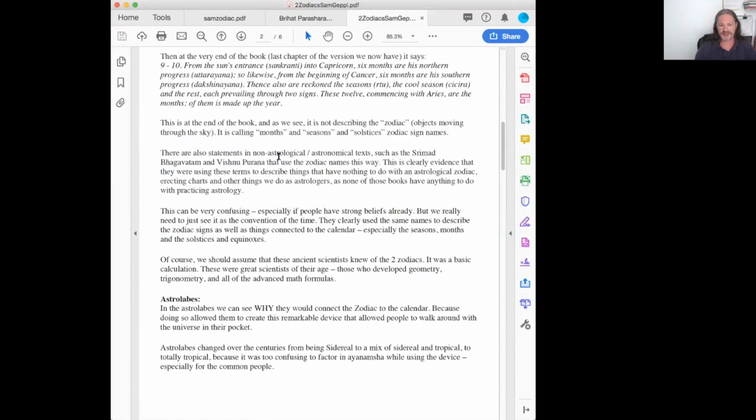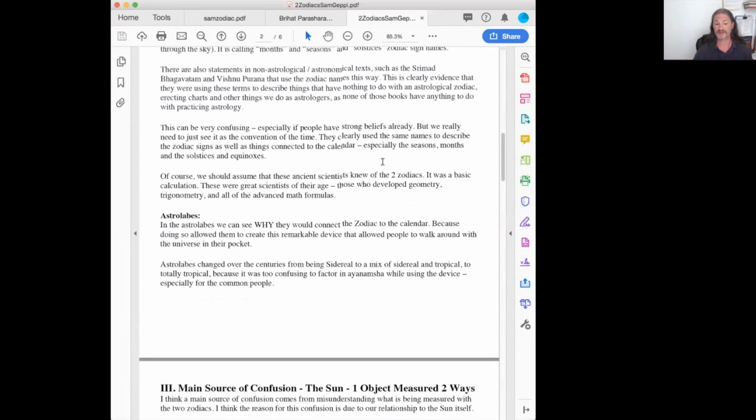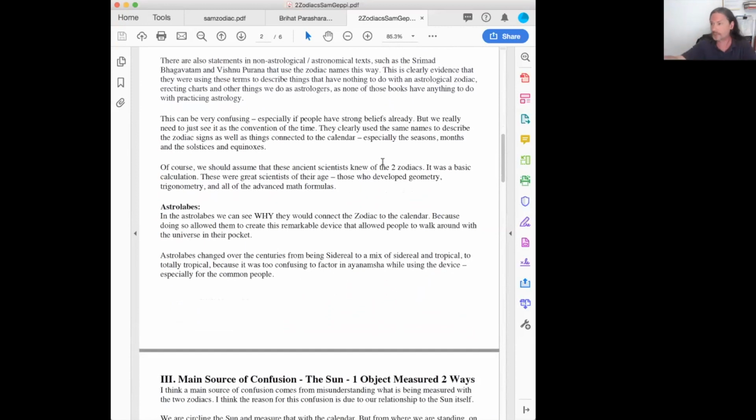We also see statements in non-astrological astronomical texts, such as the Srimad Bhagavatam and the Vishnu Purana, that use the zodiac sign names this way. This is clear evidence that they were using these terms to describe things that have nothing to do with an astrological zodiac, erecting charts and other things we do as astrologers. None of those books have anything to do with practicing astrology, yet they were using those same terms, even in Srimad Bhagavatam and Vishnu Purana, and there might be others, where they say Aries for the vernal equinox.